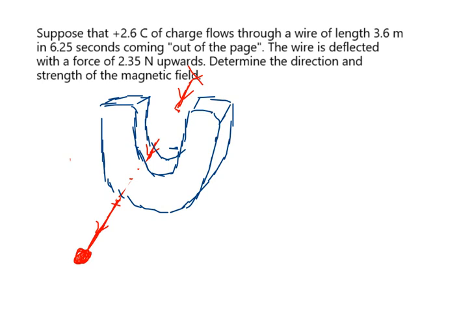Makes sense. That's my horseshoe magnet. And the wire is still coming towards us, though. So the wire is coming that way. So this is the direction that things are traveling. Okay. Only it's not a wire. It's actually a charge. It's positive 2.6 coulombs. So this is a positive charge.